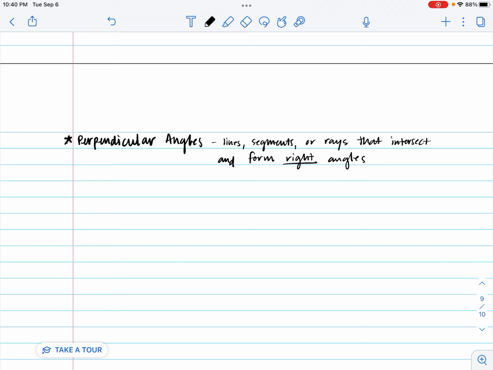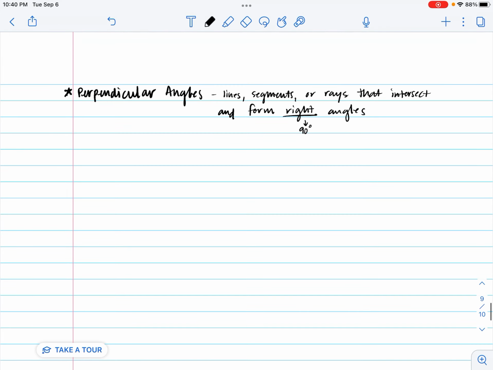So once again, right angles are 90-degree angles, in case you forgot. And here's a quick example. If we have some kind of line here, we could have a line that goes straight down. As long as it has that square, it is a perpendicular line.